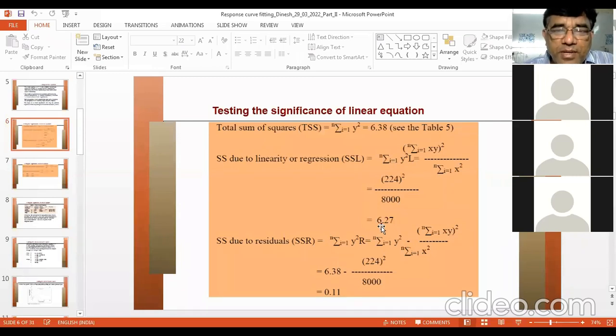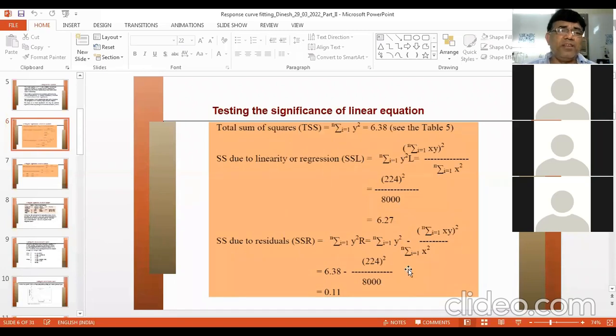The sum of squares due to error, or residual, is equal to the total sum of squares, that is summation y square, minus the sum of squares due to regression, which you calculated above as 6.27.